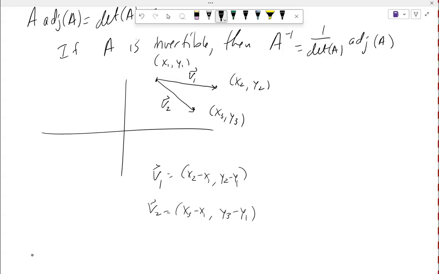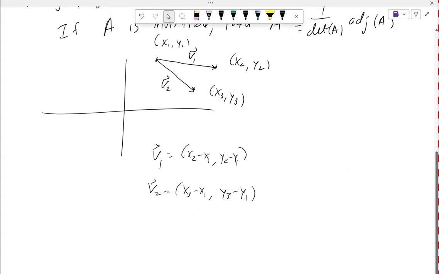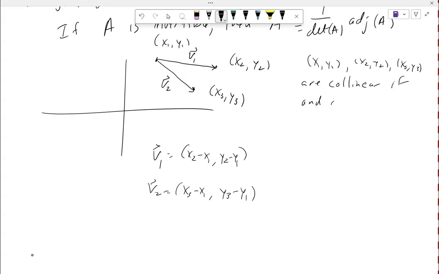So we can see that these 3 points, x1, y1, x2, y2, x3, y3, are collinear if and only if the determinant of the matrix with rows x2 minus x1, y2 minus y1 and x3 minus x1, y3 minus y1 is equal to 0.